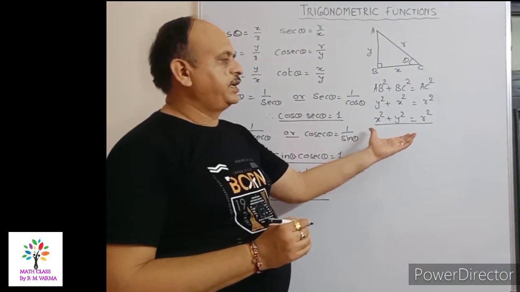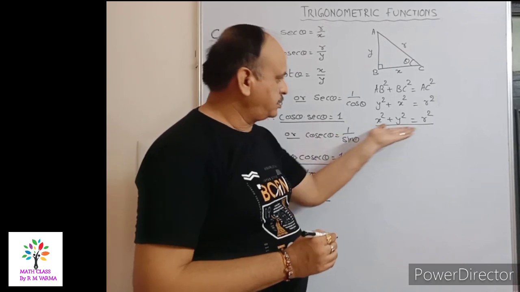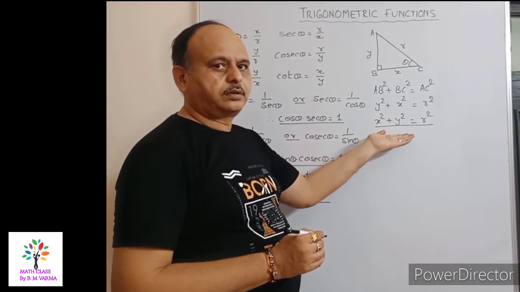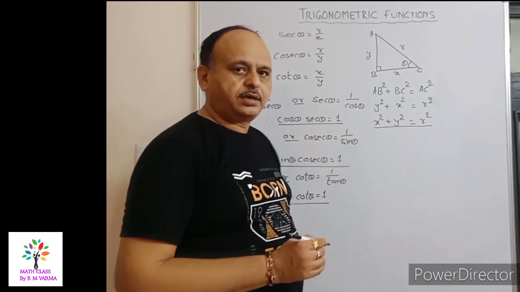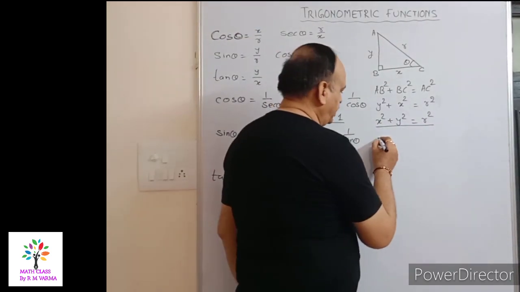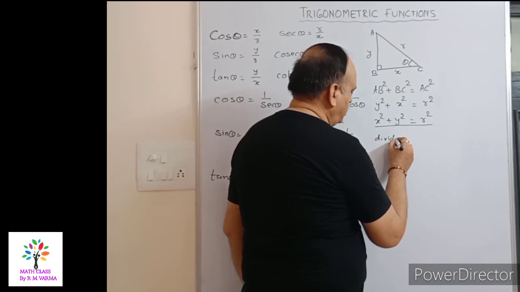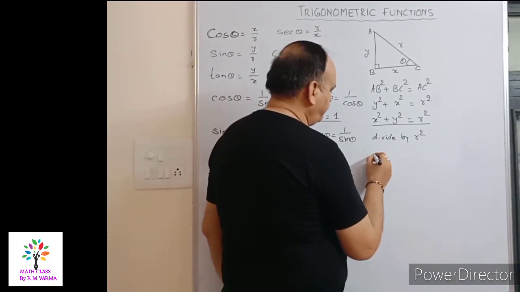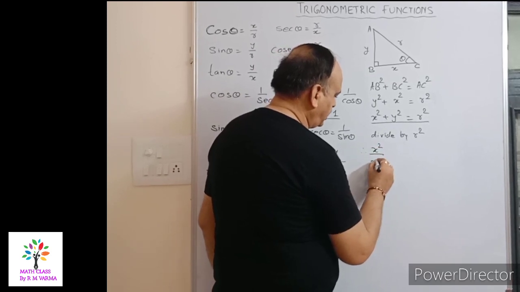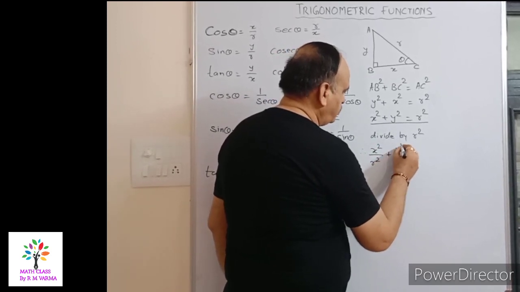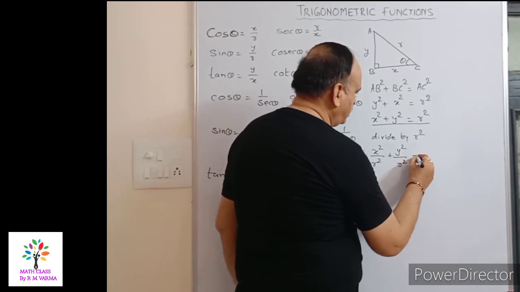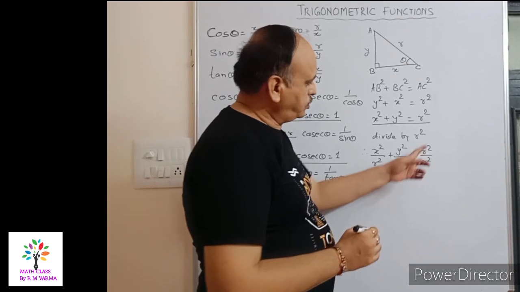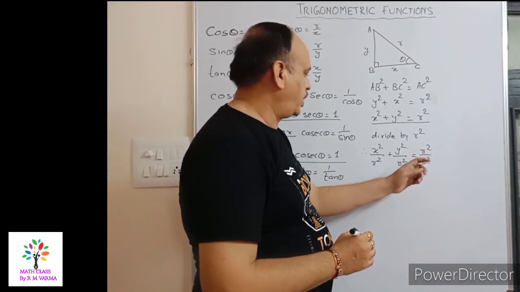Now from this, if I divide this equation by r square, that is all three terms are divided by r square, what do we get? x square upon r square plus y square upon r square equals r square upon r square. R square upon r square is 1.